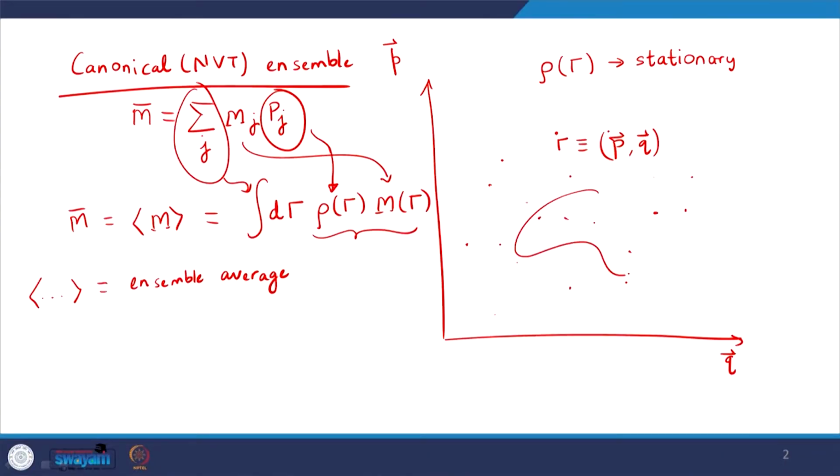Just for the sake of illustration, let us say this is my region of interest, that is where this integrand has a high value. Whenever I am sampling, I will tend to sample more inside this region, which has a high value of the integrand, and less in other regions.